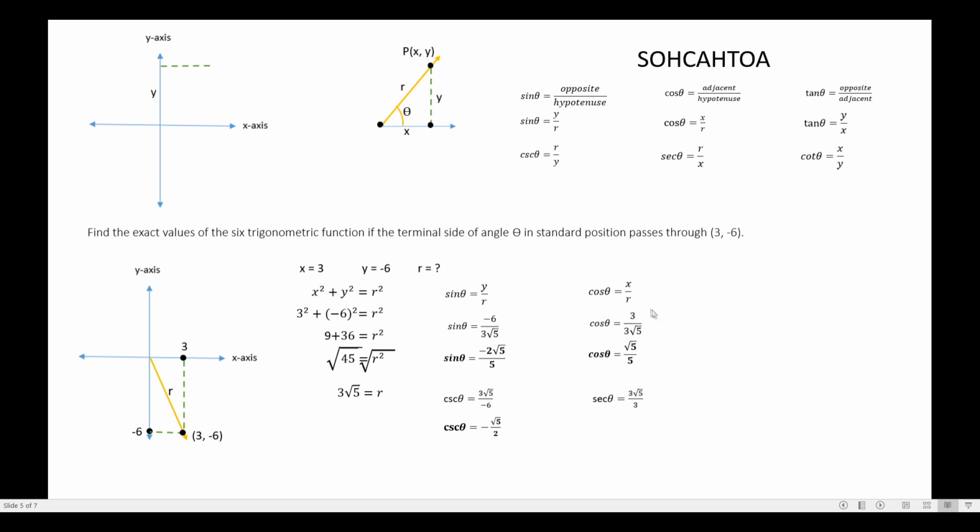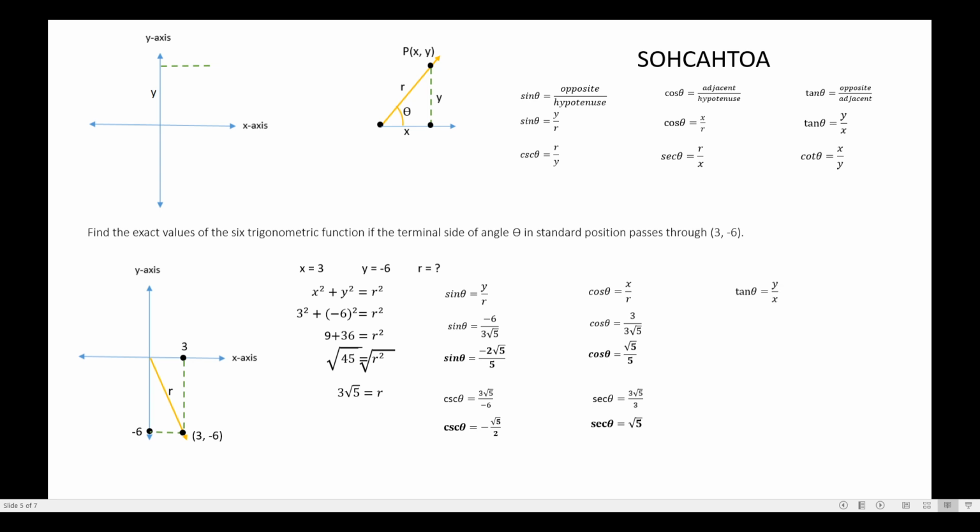So do not again use the final answer, because it will give you an answer whose denominator is an irrational expression, so you will need to rationalize again. Instead, just take this part here, do the reciprocal, so that becomes 3 square root of 5 all over 3. You may cancel 3, or divide 3 over 3, that's 1. So you will have a final answer for the secant function, which is equal to the square root of 5.